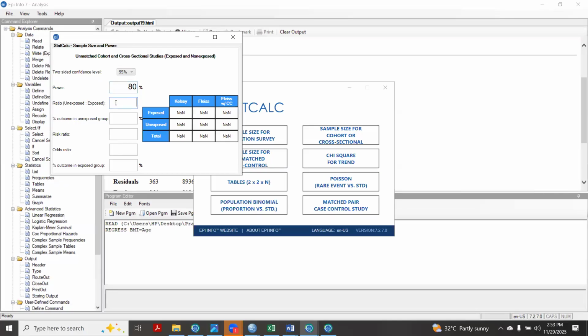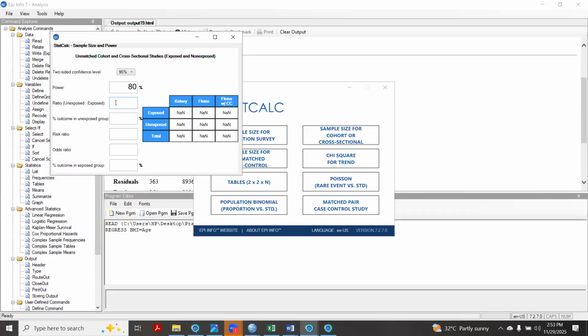Then, based on previous study, the exposed unexposed ratio, you will see it depends on what you want to do. If you're using exposed 10 and you want to use unexposed 10, that's 1:1.